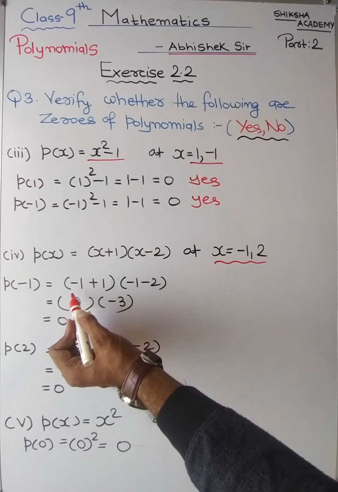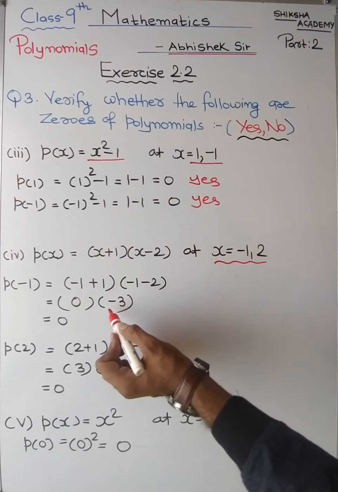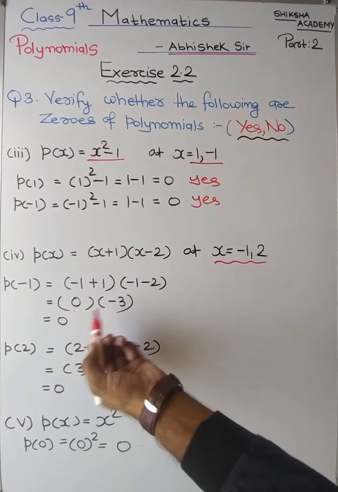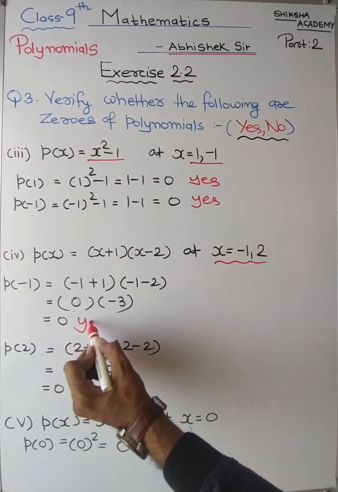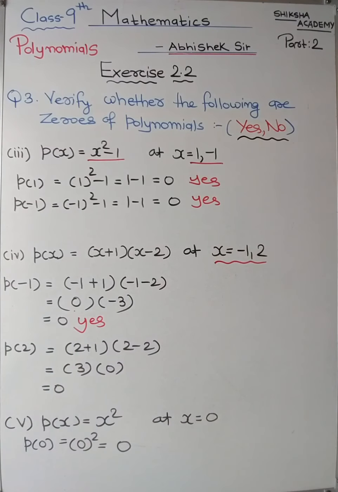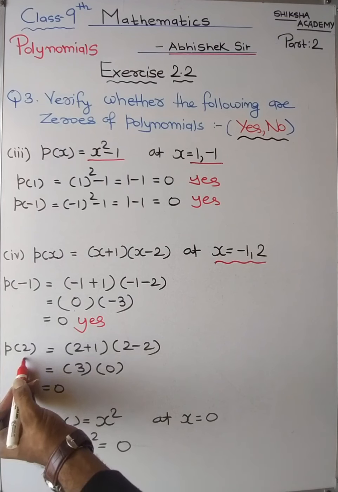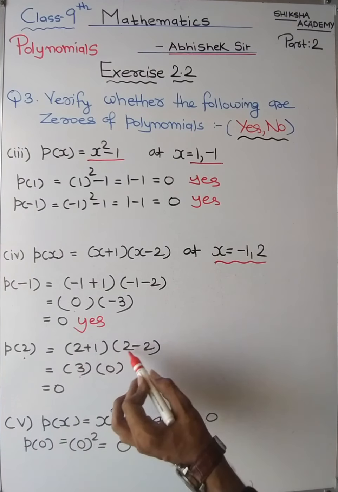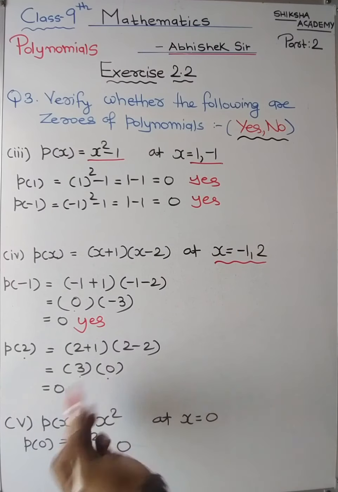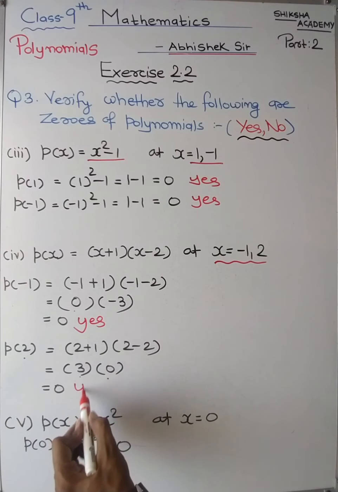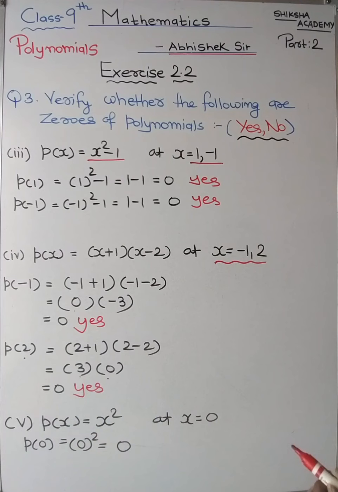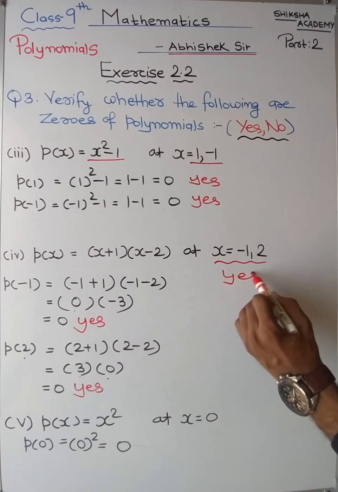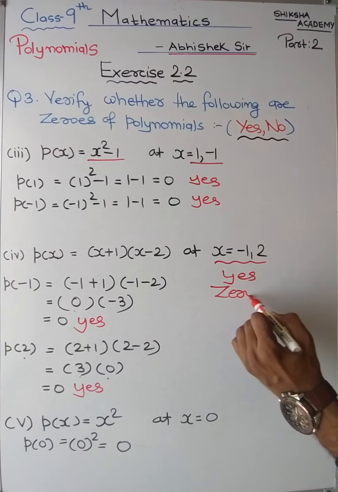Now first bracket becomes 0, second bracket becomes minus 3, but 0 into anything is 0, so answer again will be yes. Putting the value of x as 2, it is 2 plus 1 into 2 minus 2. 2 plus 1 is 3, but 2 minus 2 is 0, and anything multiplied with 0 is 0. So final value becomes 0. So yes, they both are the zeros of this polynomial.